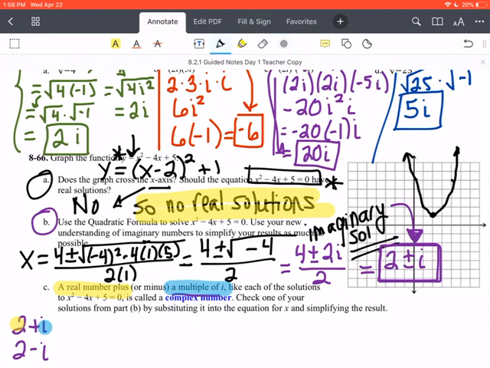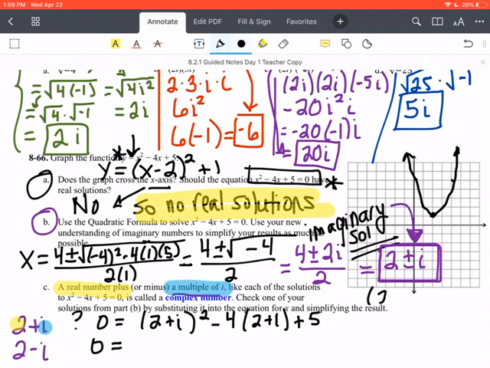Okay, let's give ourselves some room. So does 0 equal, let's just check the plus, 2 plus i squared minus 4 times 2 plus i, plus 5. So when I take a complex number squared, I have to FOIL. I have to do double distributing.